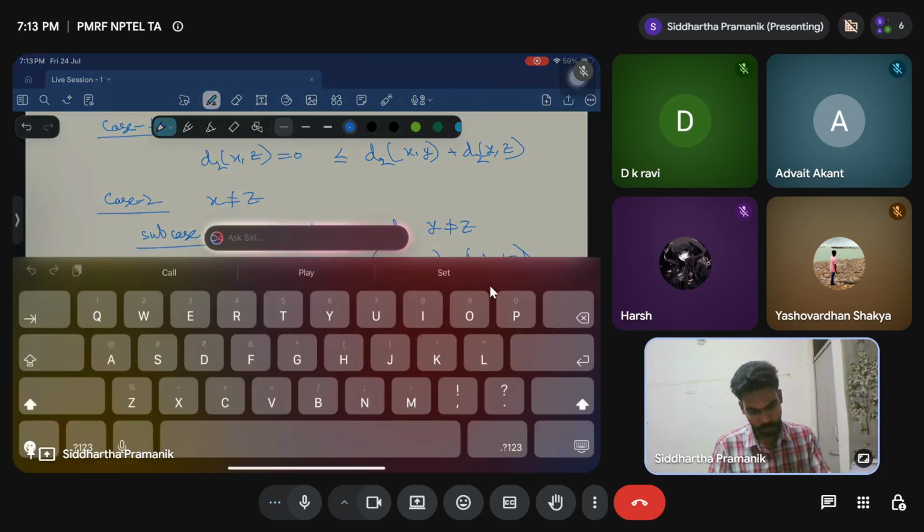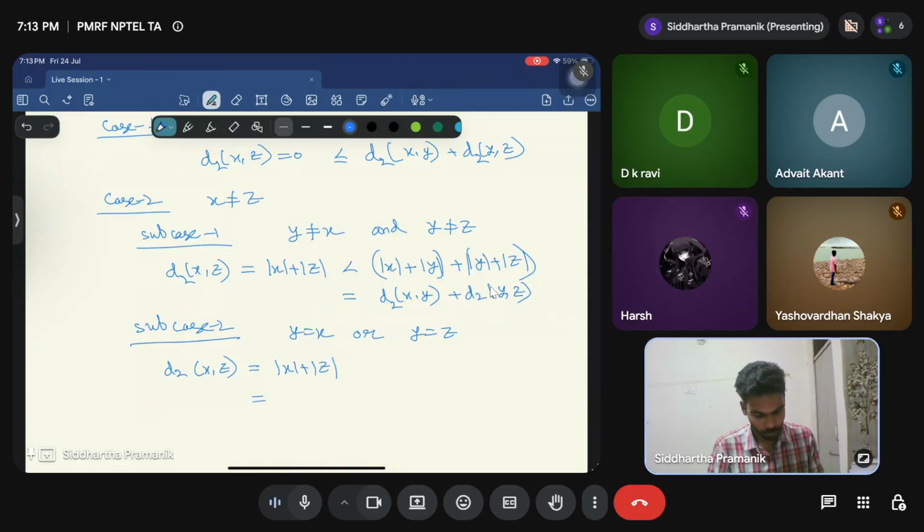So now there will be two cases. This is mod y plus mod z if x equals y, and if y equals z, this is mod x plus mod y.